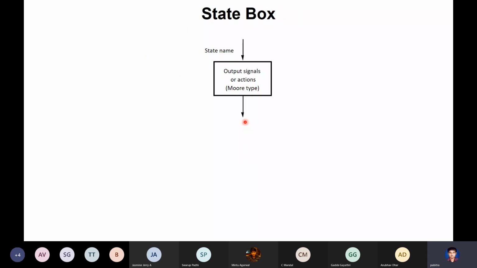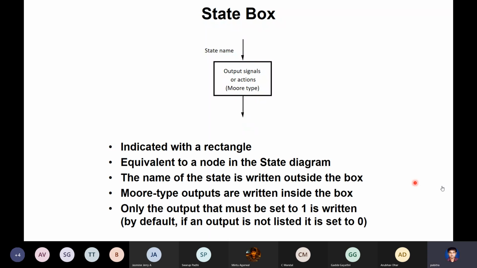Let me explain in a little more detail. This is the state box, indicated with a rectangle. This is equivalent to a node in a state diagram. The state box is nothing but a node in the state diagram. We'll see when we map a state diagram to an ASM, and vice versa. We are required to do a two-way mapping: we are required to map an FSM to an ASM as well as an ASM to an FSM.